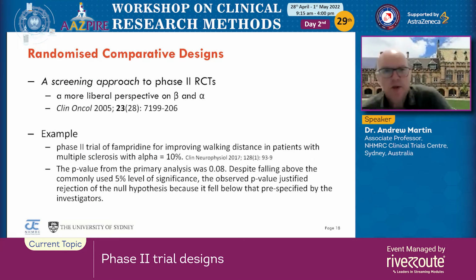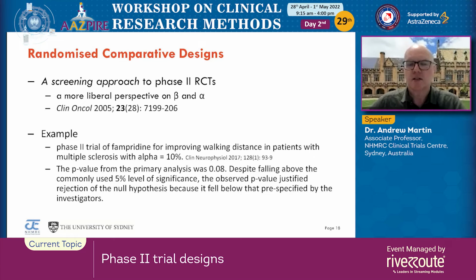Okay, now let's move away from studies that have an emphasis on single arm designs and talk about randomized comparative designs in the phase 2 setting. So I've talked about how single arm designs will be more efficient than RCTs, meaning you can get away with fewer patients.